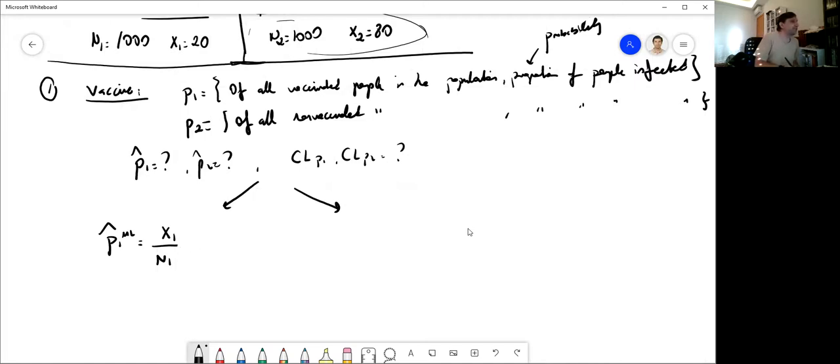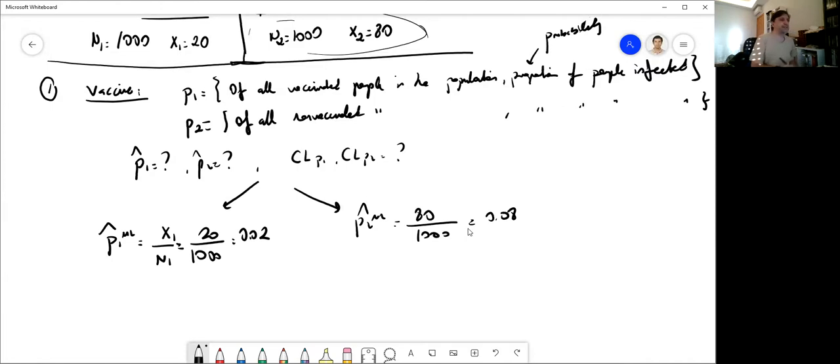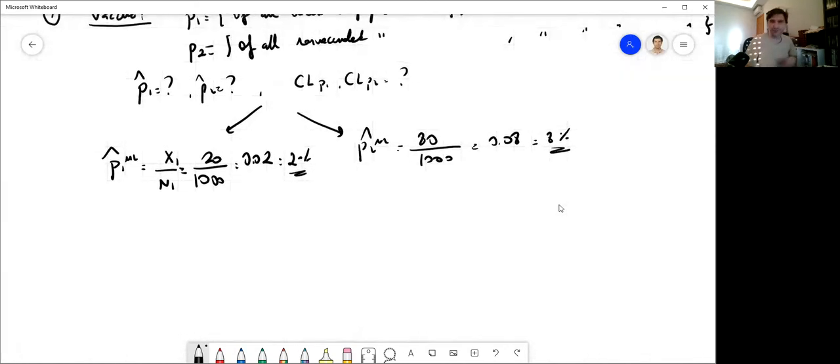So here it is going to be equal to, if I can write this, 20 over 1000, this is going to be 0.02, and P2 maximum likelihood estimate is going to be 80 over 1000, which is going to be 0.08. In other words, usually we would like to call these probabilities in percentage. I think it's easier for people to grasp the idea in terms of percentage.